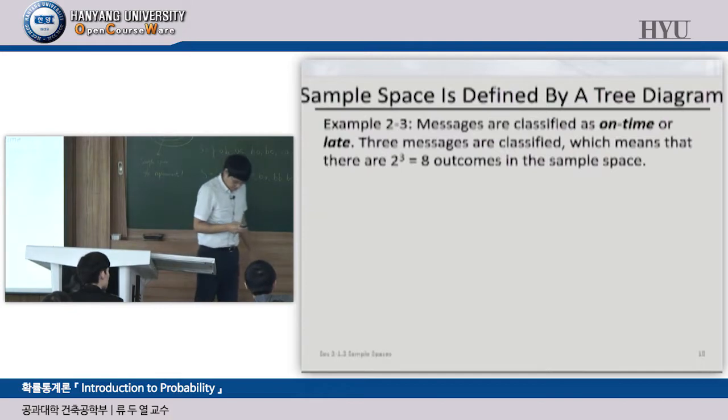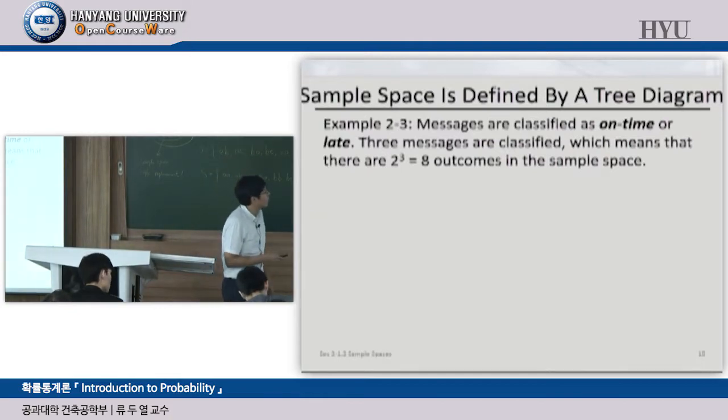And this is another example, where the sample space is expressed by a tree diagram. The messages are classified as on time or late, which means that there are 8 outcomes in the sample space. Why? Because we have two classes. First one is on time, and the other one is late.